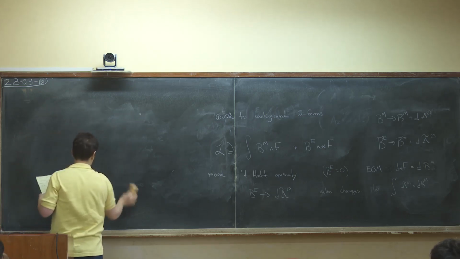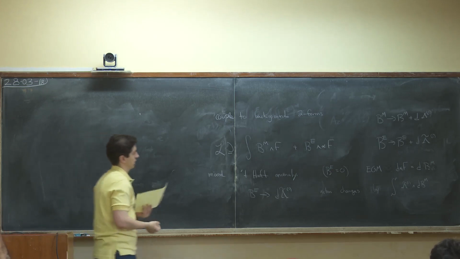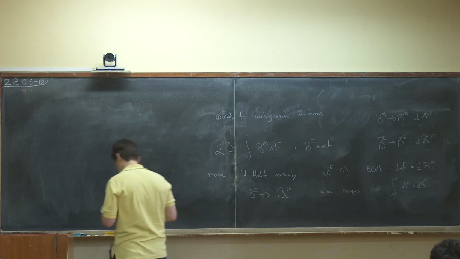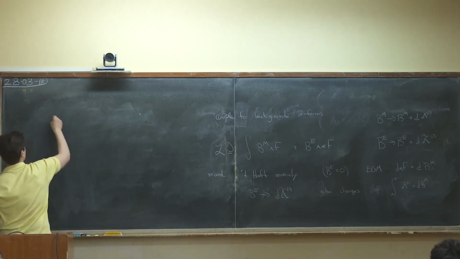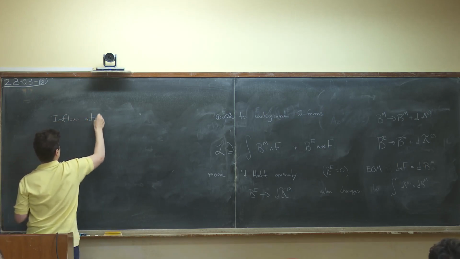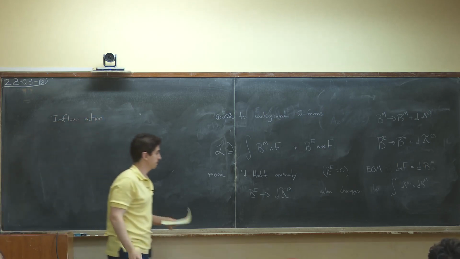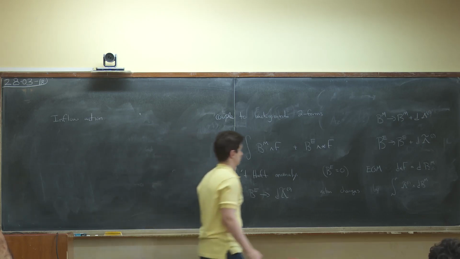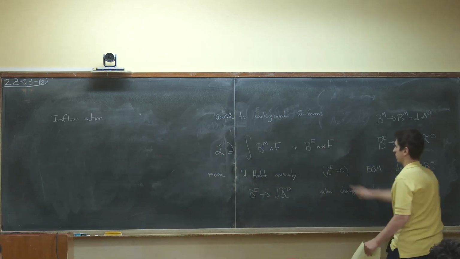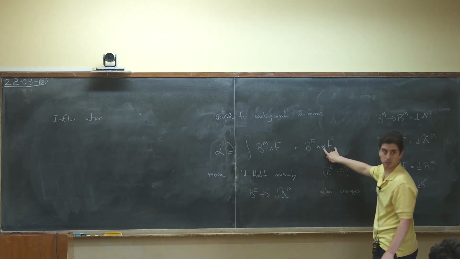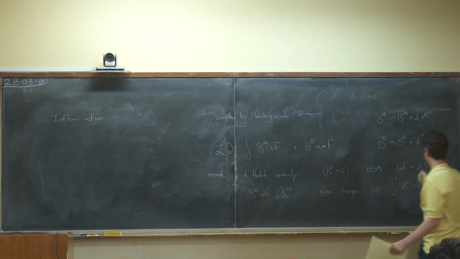And you can think of what's the anomaly inflow action. We talked about the fact that anomalies are characterized by local terms in one higher dimension. Wait, what happened here? You had d lambda tilde wedge dBm, and then when you take the d, where did the d go? Here, I put d lambda tilde, and I have it wedged with star F. Oh, and then I integrate by parts and use this.